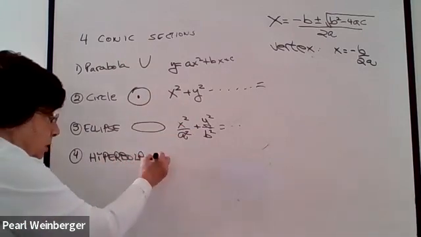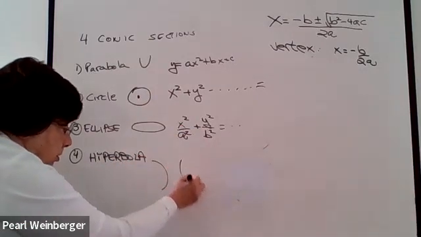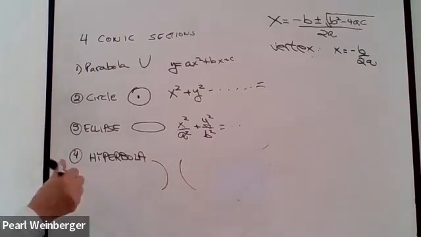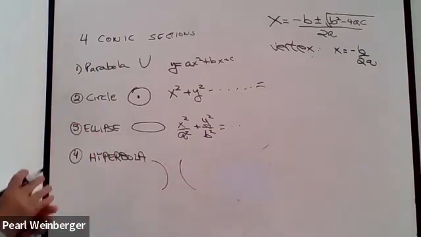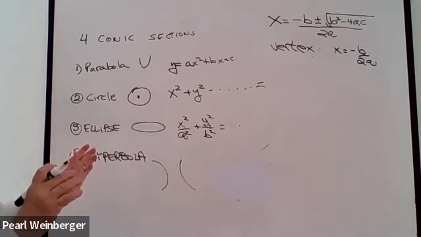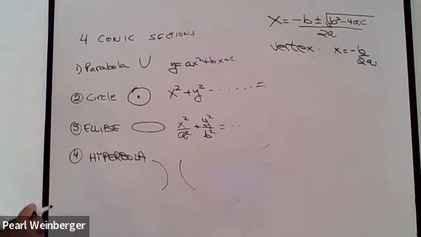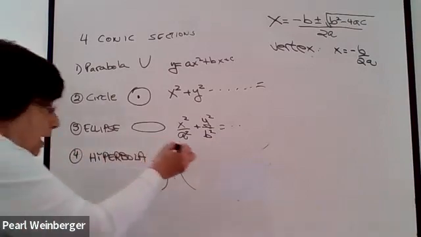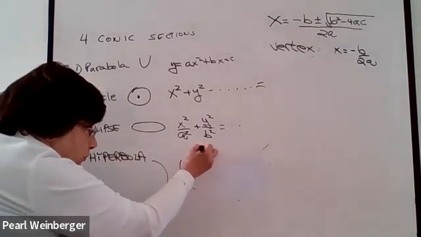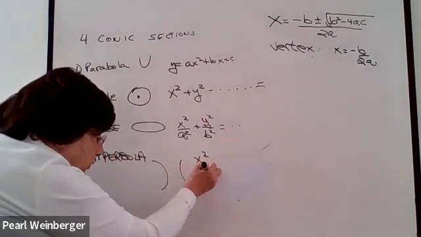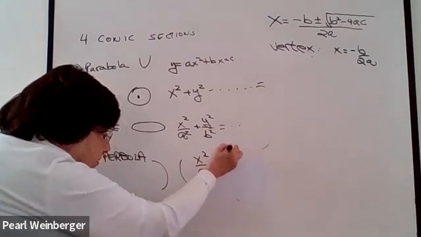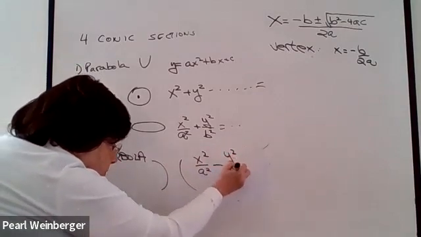The hyperbola is two back-to-back facing u's, and the standard equation for a hyperbola will be x squared over a squared minus y squared over b squared.